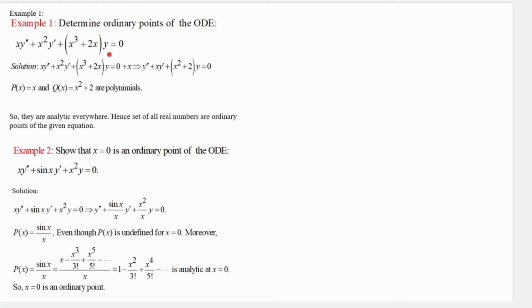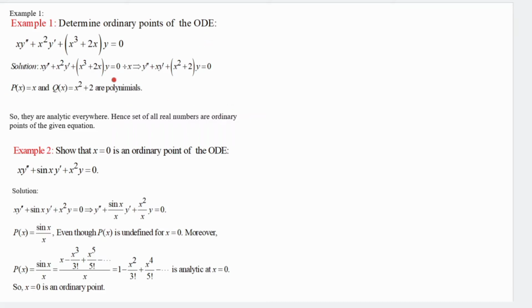So this is a second order linear differential equation with variable coefficients. This is not a standard form. We make it a standard form by dividing by x. That means we divide this equation by x.